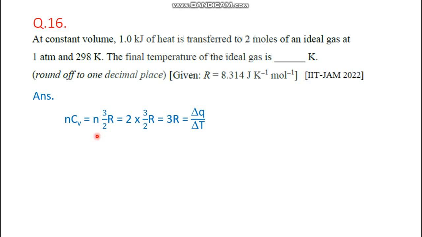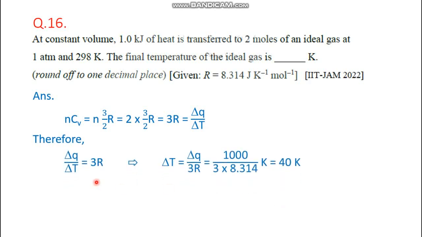Therefore the Cv value is 3 by 2 R. So for 1 mole of substance it is 3 by 2 R. For n moles of substance it is nCv, that is n into 3 by 2 R. Here we have taken 2 moles of the gas, so we are putting 2 here, so it is 2 into 3 by 2 R, that is 3R, and this is actually the value of delta Q over delta T, that is the heat supplied over the temperature increase.